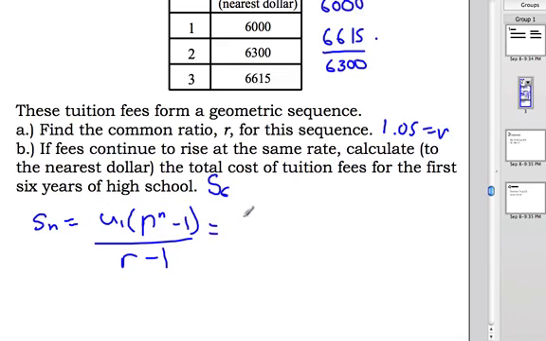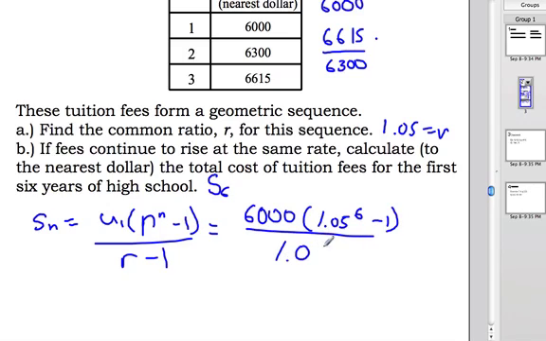So the first u sub 1 is 6,000. R is 1.05, so we have 1.05 to the power of 6 for 6 years out of 1.05 minus 1.